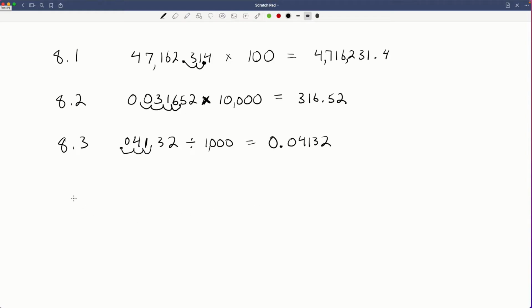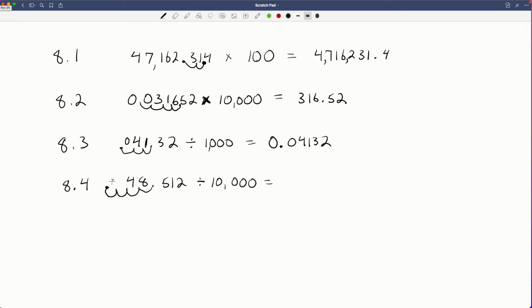So let's try one more, 8.4. So this time we're going to divide 48.512 by 10,000. So again, all we do is count the zeros, 1, 2, 3, 4, and move the decimal place to the left because it is division. 1, 2, 3, 4.